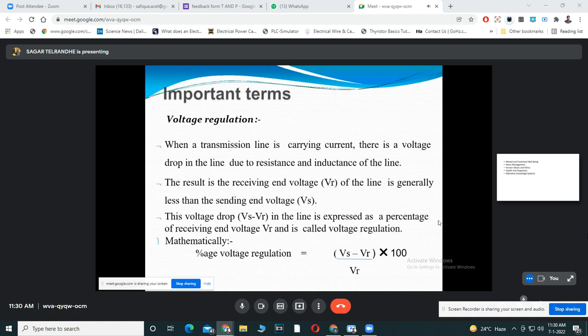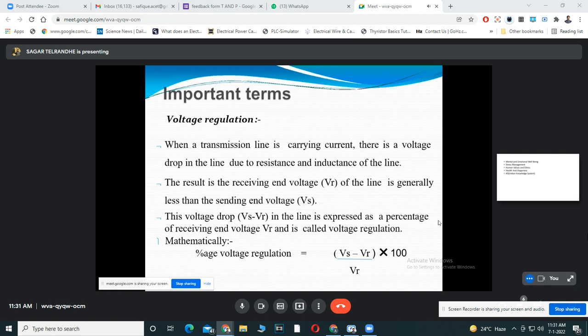When a transmission line is carrying current, there is a voltage drop in the line due to the resistance and inductance of the line. Thus, the sending end voltage is not equal to the receiving end voltage, and the receiving end voltage of the line is generally less than the sending end voltage.